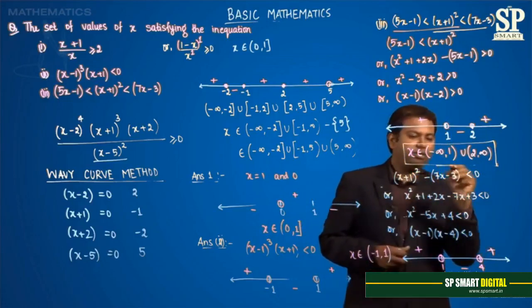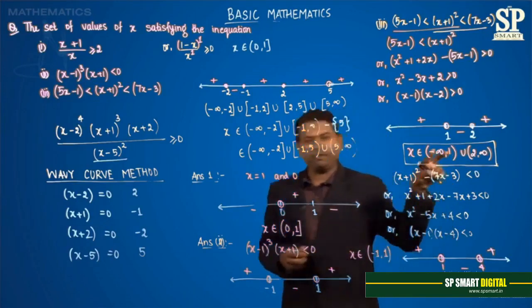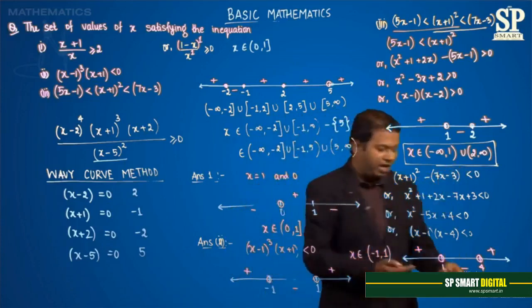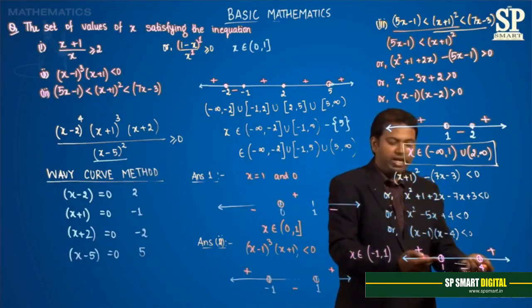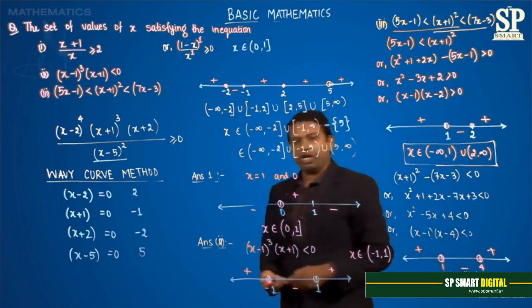Here we have x should lie in between minus infinity to 1 and 2 to infinity. And here we have found that x should lie in between 1 and 4 in order that the second part of the inequality is valid.